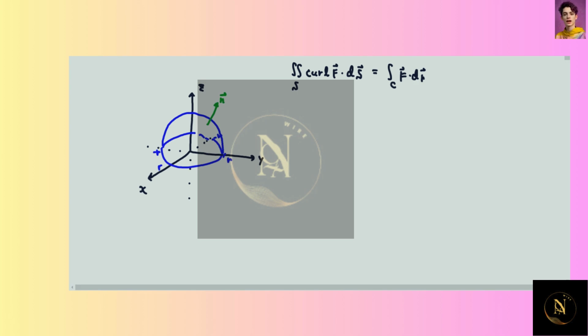But if we use the line integral to evaluate this, the normal vector is pointing outwards, so we know that the parameterized curve C has to go counterclockwise, and we know that the projection onto the xy plane looks something like this. It's going to be the circle on the xy plane right there.